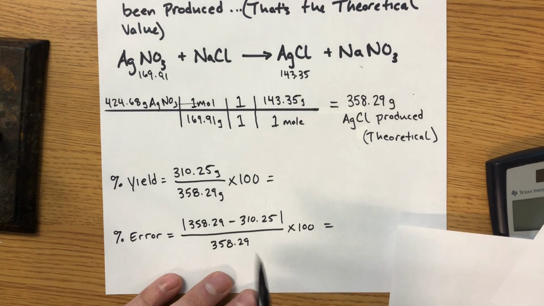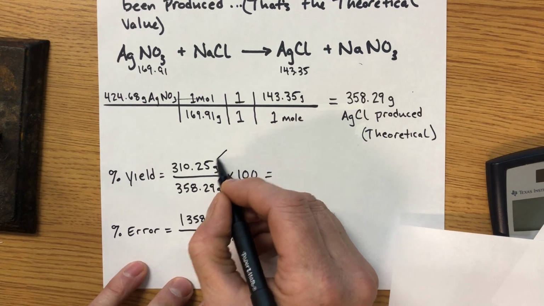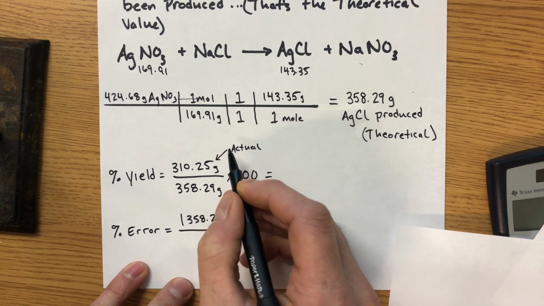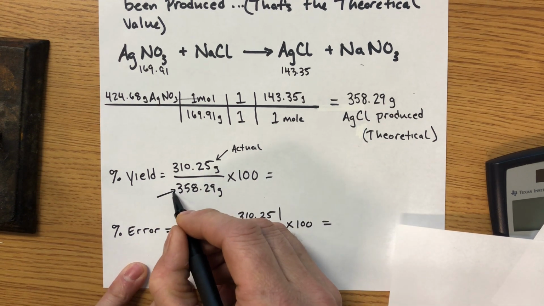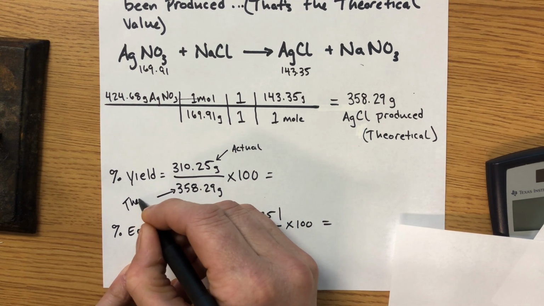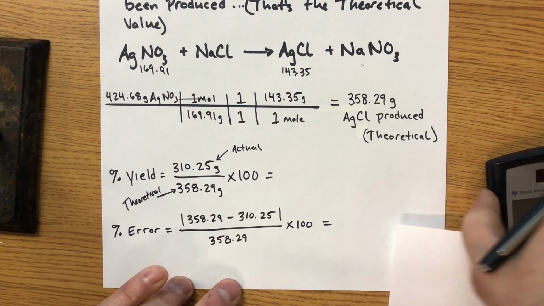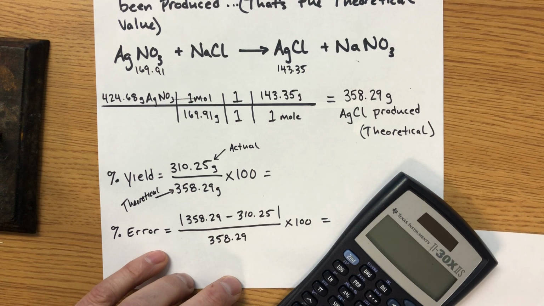Okay, so here's how those set up. Remember, this was our actual. That just comes from the problem, and then this is our theoretical. All right, so we're just going to divide those values and multiply by 100.